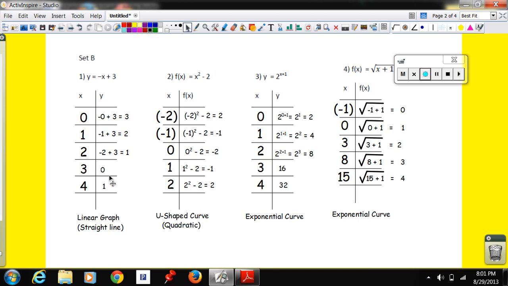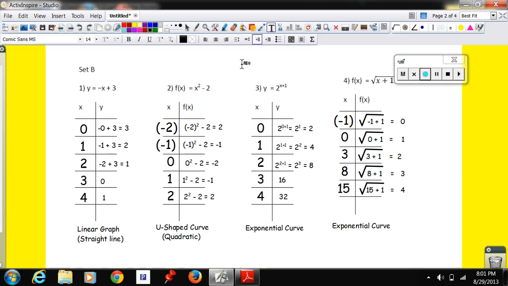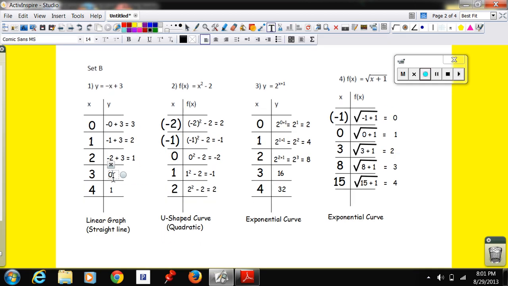Let's see. Minus 3. This is not going to be 0. Sorry, this is going to be a 3. Negative 3 plus 3 is 0. Negative 4 plus 3 is 1. Negative 2 plus 3 is 1.